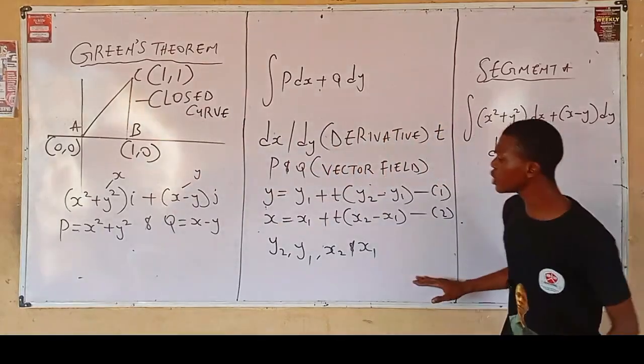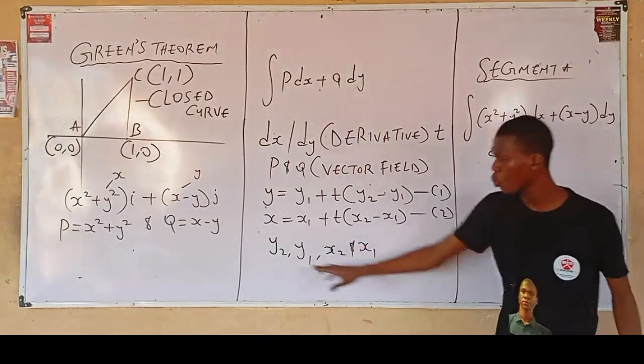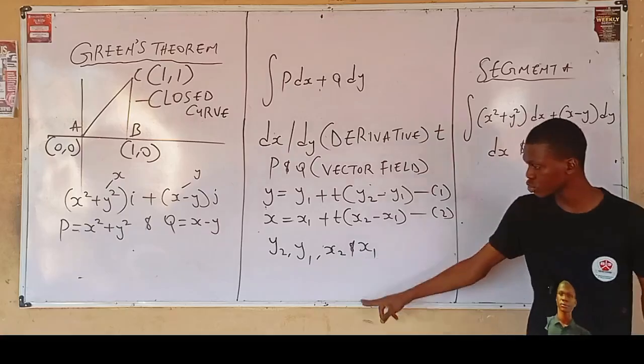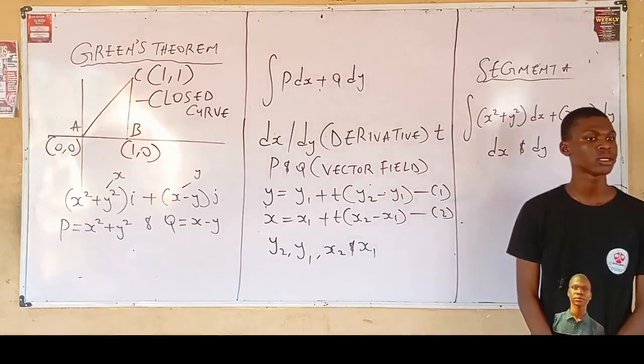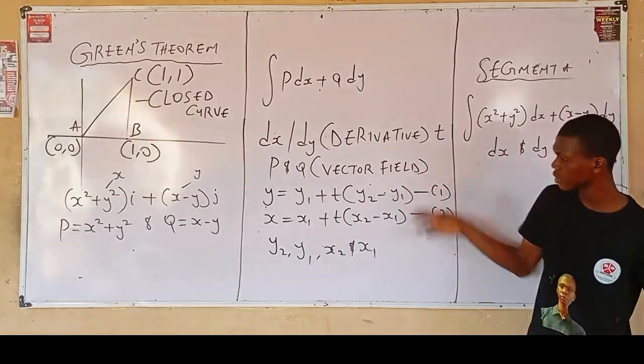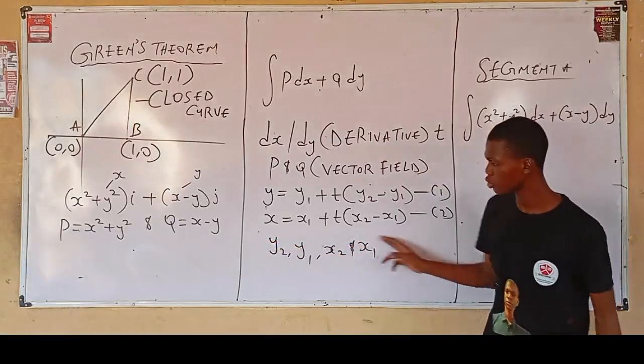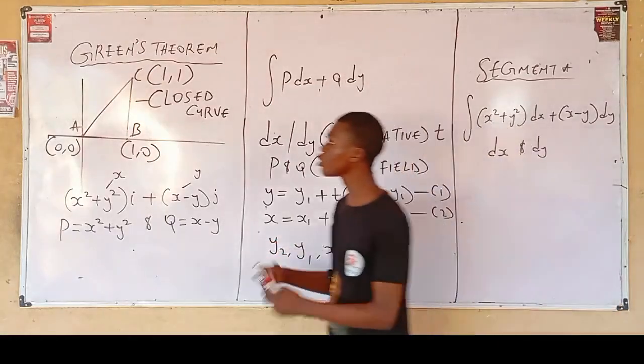Now from here, how do you get them? What this means is that you must know y2, y1, x2, x1 at each segment, right? You must know it at each segment. Why? Because you are applying this 1 and 2 at each segment.